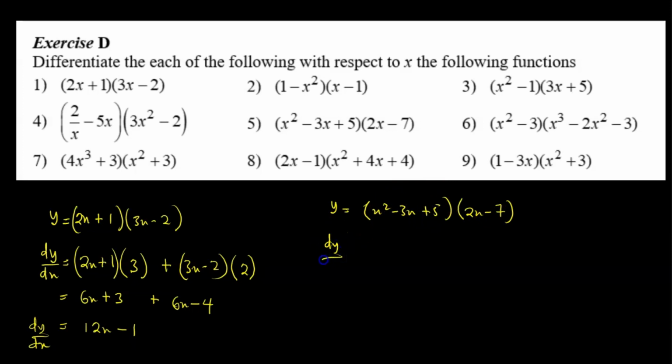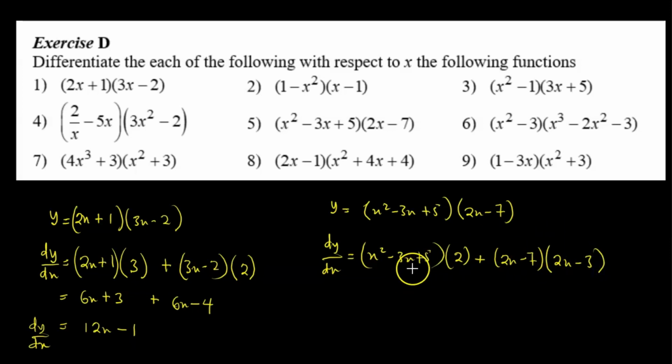So dy dx will be equal to maintain the first function, that is x squared minus 3x plus 5, then differentiate the second function, which will give us 2, added to maintaining the second function, which is 2x minus 7, differentiating the first function, that will give us 2x minus 3.